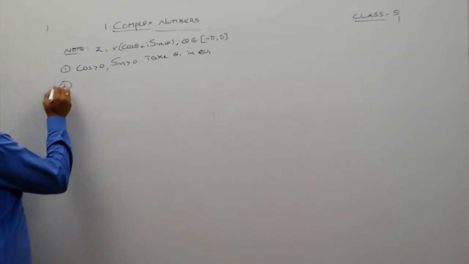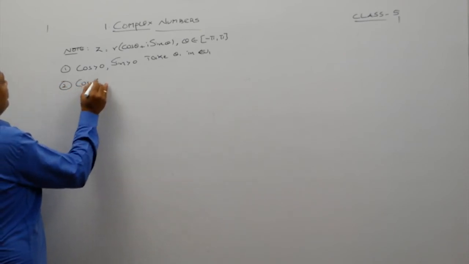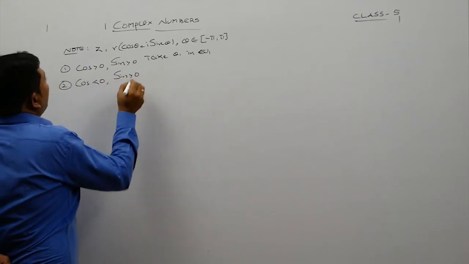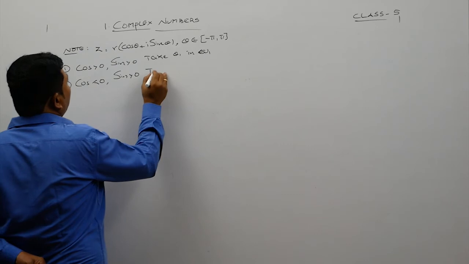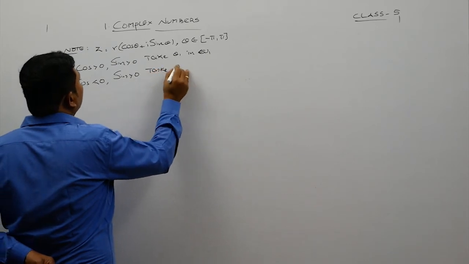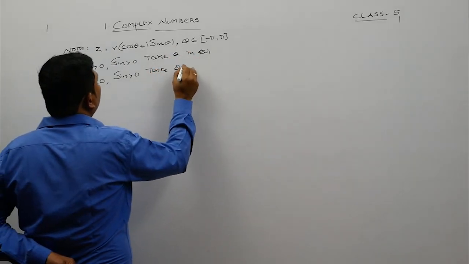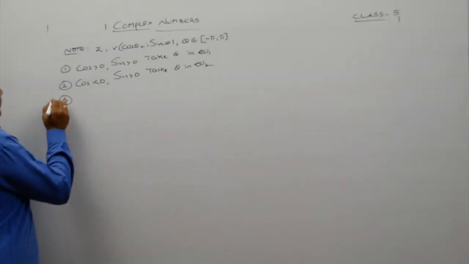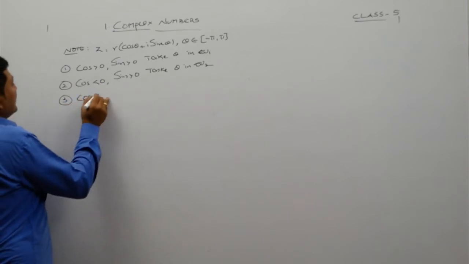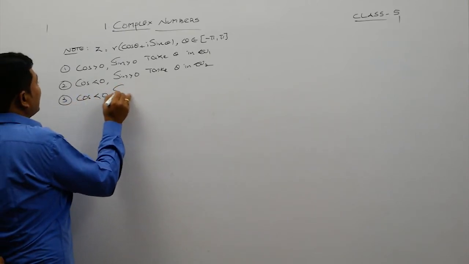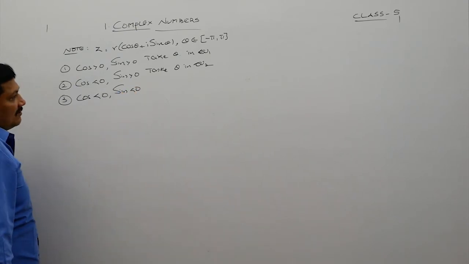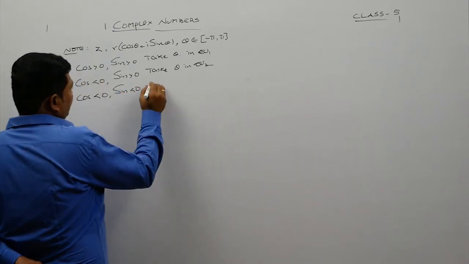And comes second one, cos is negative and sine is positive, and take theta in quadrant 2. So here comes a little confusion. So this is what third one, cos is less than 0 as well as sine is less than 0. Then what will happen here?